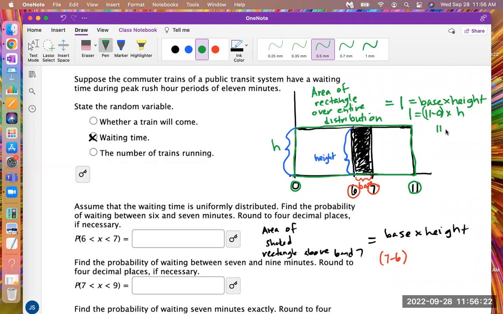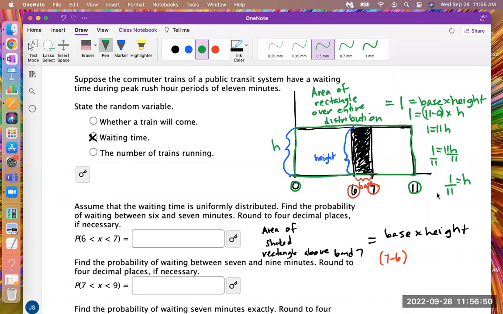So 11 times h equals 1. Then we divide by 11 on both sides, and we find the height has to be 1 over 11.